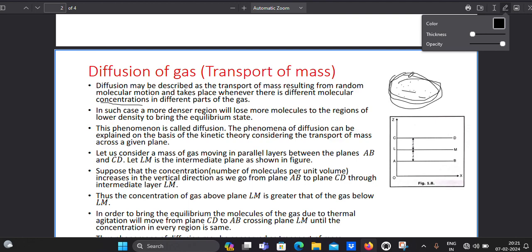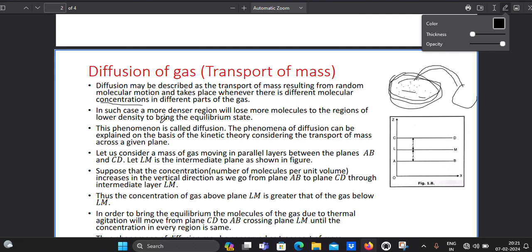High concentration or high molecular density both give the same meaning. In such a situation, the molecules move from the high density region to the low density region. So molecules move from the high concentration region to the low concentration region.